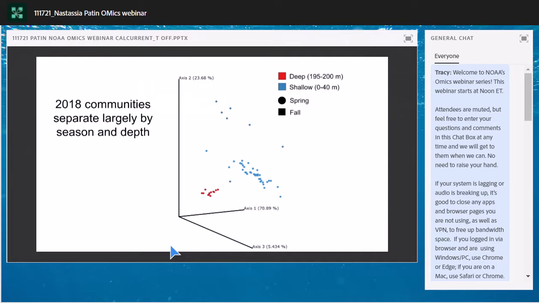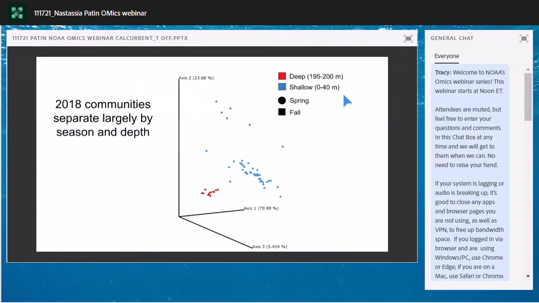With those two experimental designs in mind, I'm showing you here an ordination plot of each of the samples that came from these experiments. In this type of plot, the axes are arbitrary, so don't worry about any specific variables that they represent. What's important is that points closer to each other are more similar in terms of community composition, and points farther apart are more dissimilar.